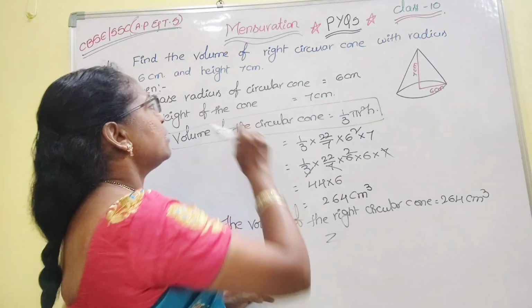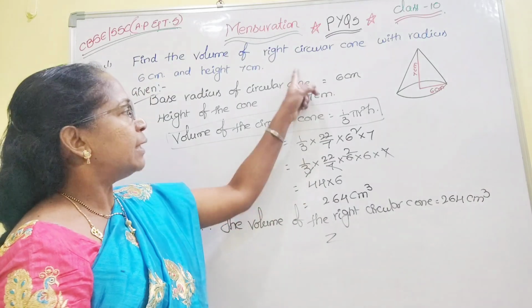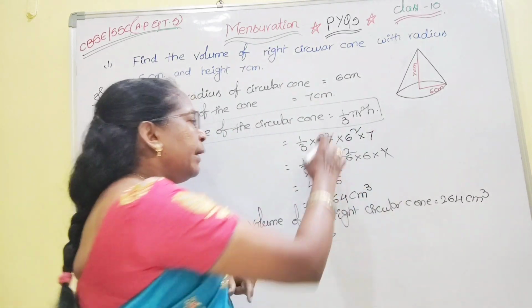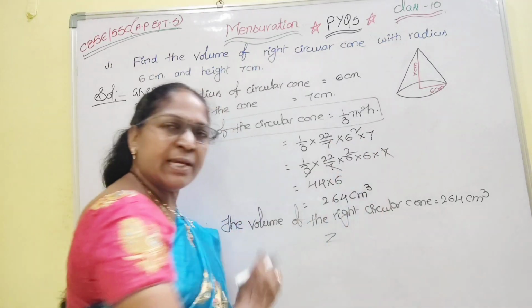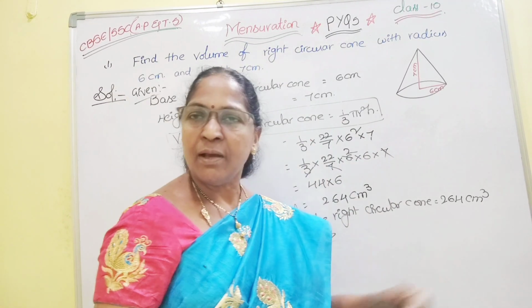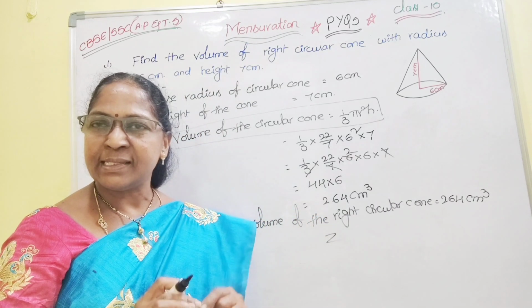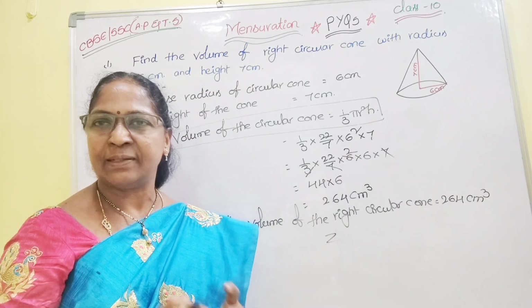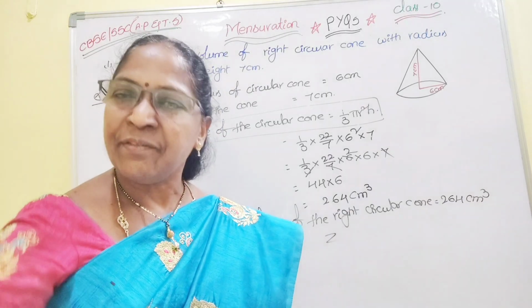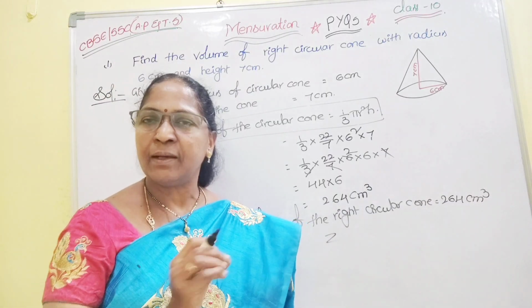First, the total marks are divided: for the given data, next for the formula, next for the simplification some marks, and last, the conclusion for half mark. This is the way of representation. Is it clear? Right. If you have any doubts, then ask me in the comment section.